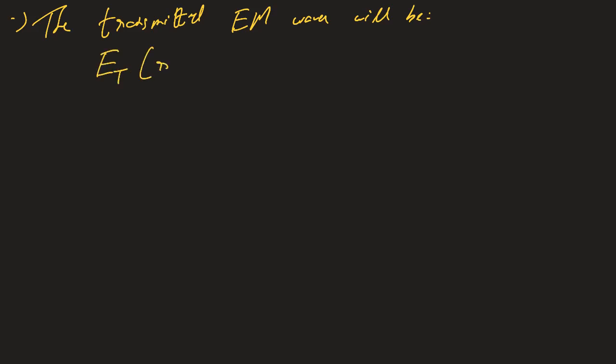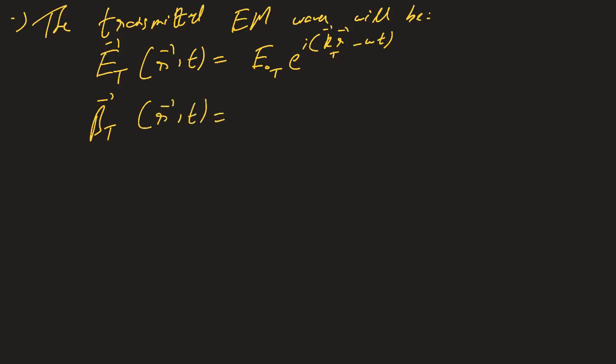So the transmitted electromagnetic waves would be, so E_T of r,t becomes equal to E naught T e to the i of k·r minus omega t, and of course this is k sub t, and correspondingly the transmitted B field of r,t becomes equal to 1 over v2 this time, because we are now in material 2, of k_t hat crossed with E_T, the vector.